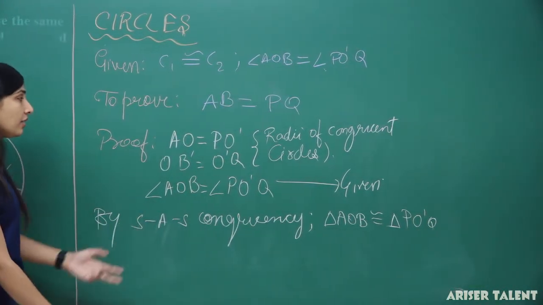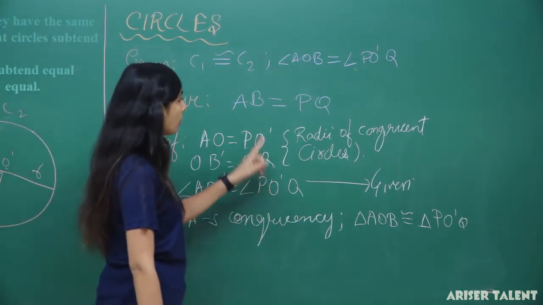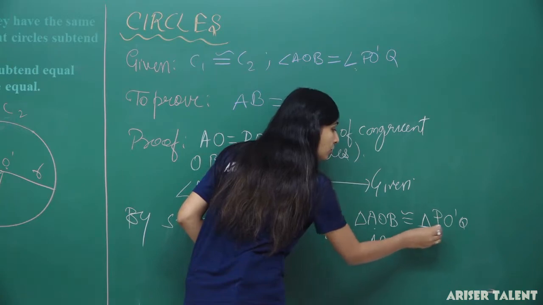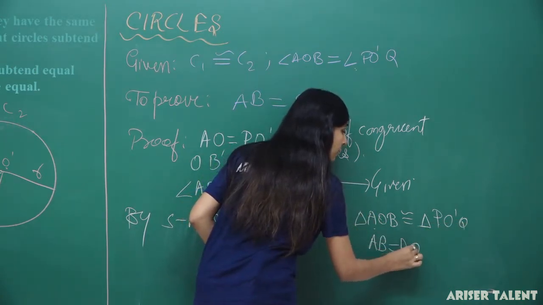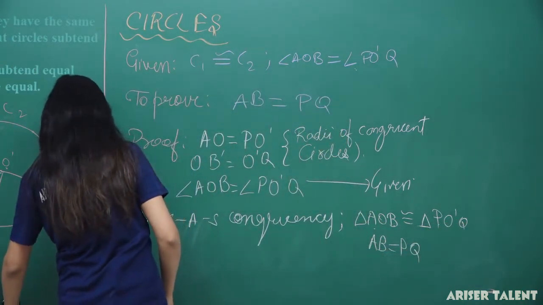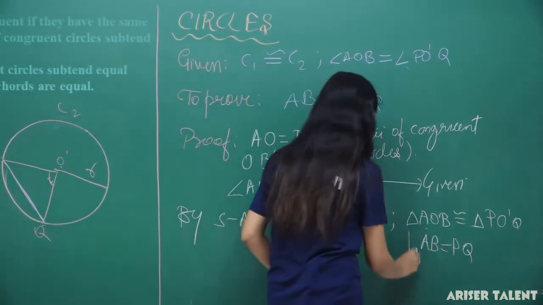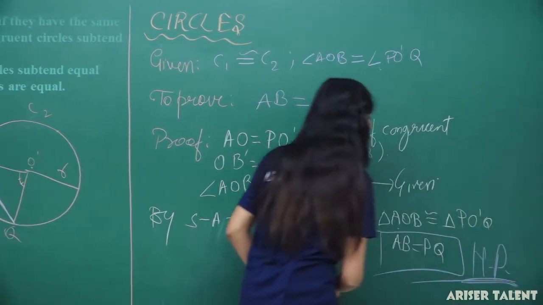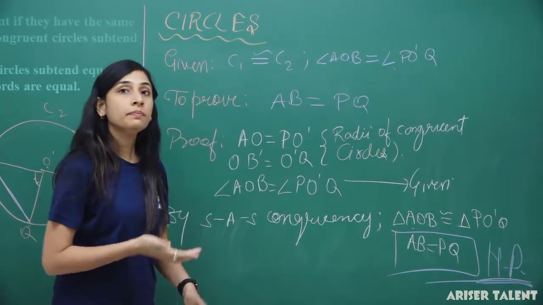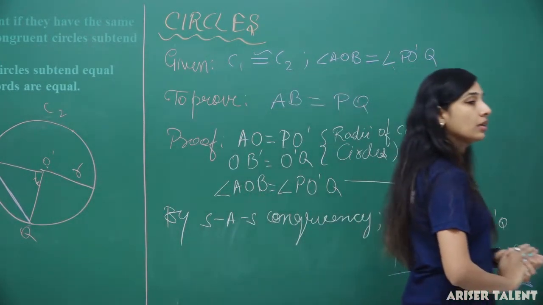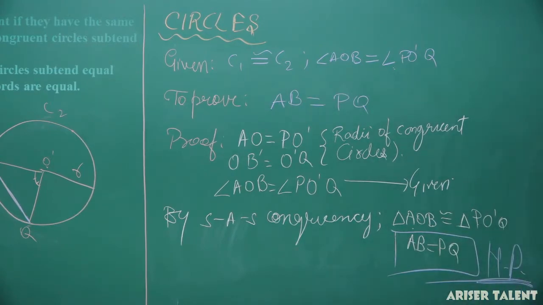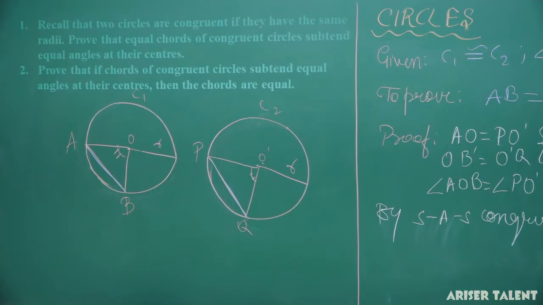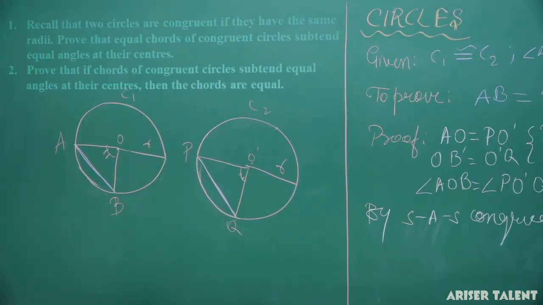And if these triangles are congruent, that means AB will be equal to PQ. Simple. Hence proved. Easy. Okay. So now you are going to copy this. Copy. Okay.